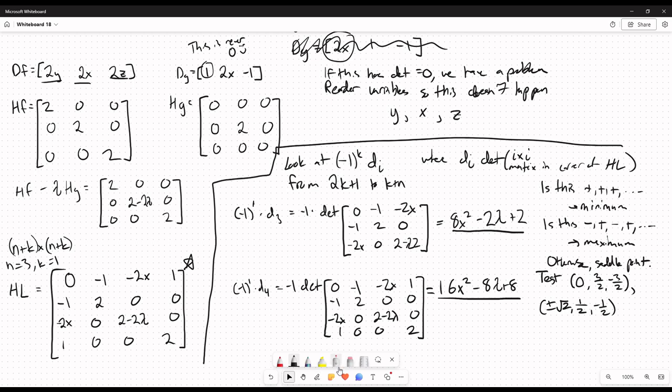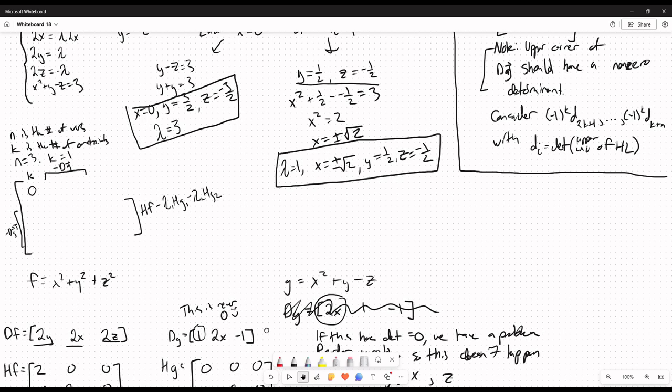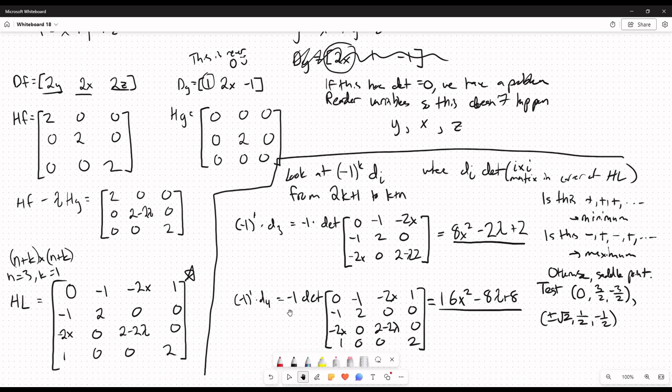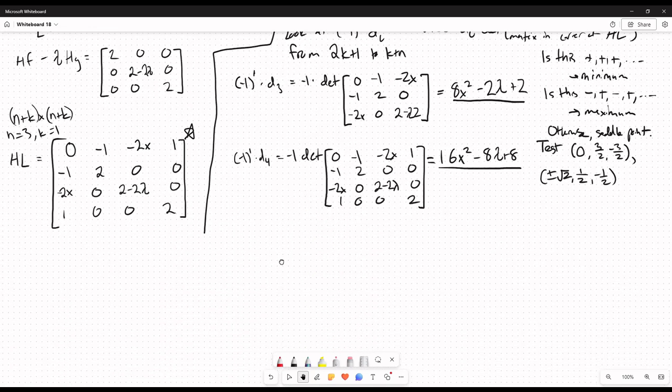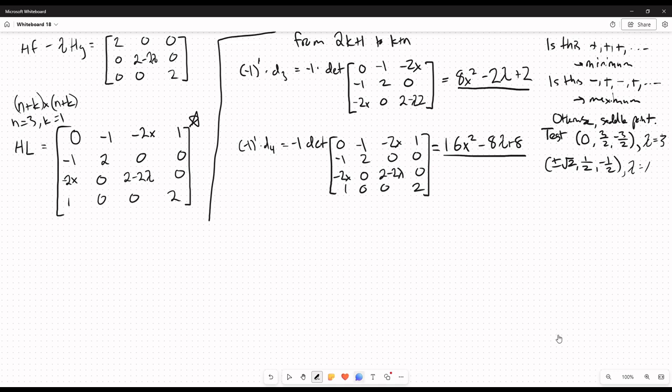Let's go ahead and double check that just to make sure. Yeah. Okay, and I'm going to scroll down slightly more so that we have room to do this. And we also needed the lambda values. This had a lambda of 3. This had a lambda value of 1.